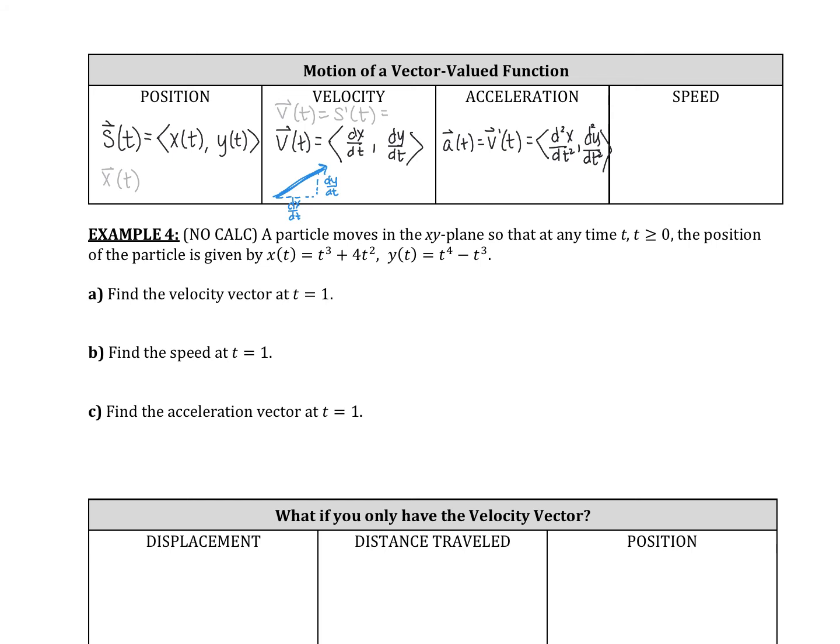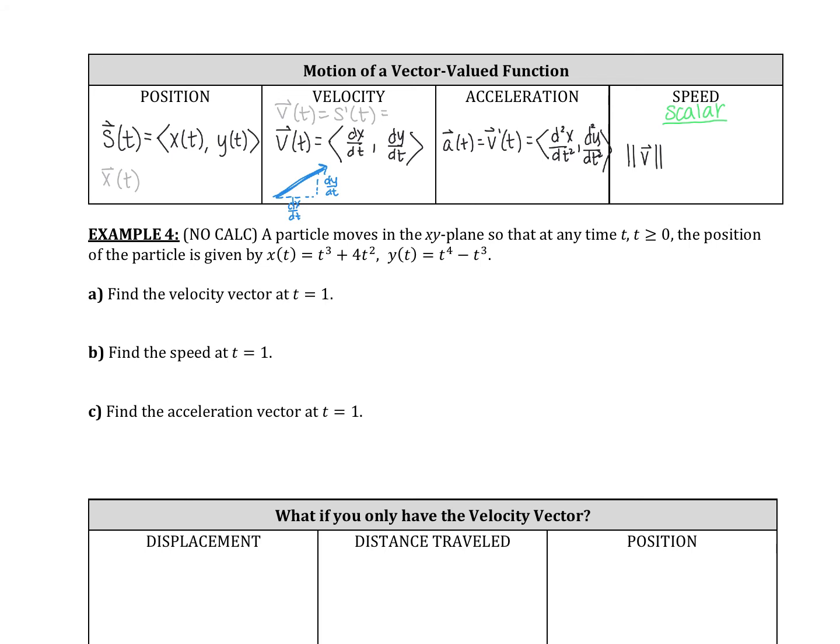Now let's talk about speed. Speed is what we call a scalar. It is not a vector. Speed is just a quantity. It does not have direction. It is just magnitude. So speed is a scalar. And when we notate this, you are going to see it as the magnitude of the velocity. Remember, magnitude could have 2 bars or 1 bar.